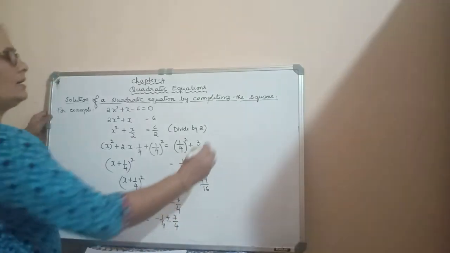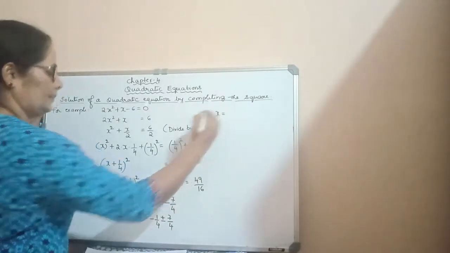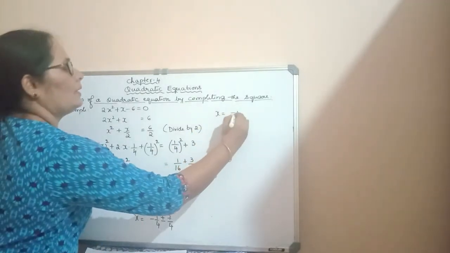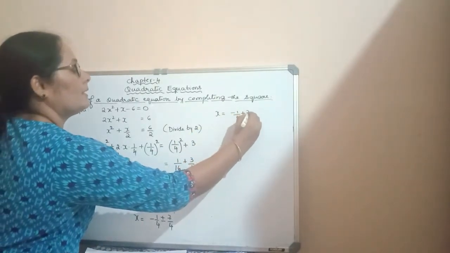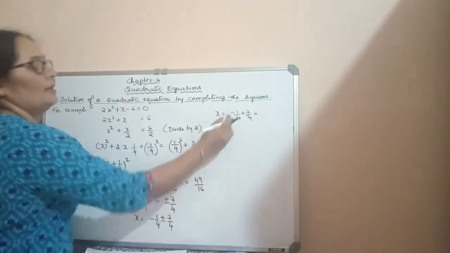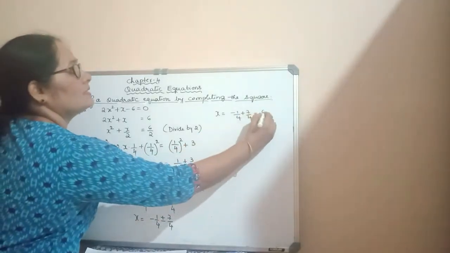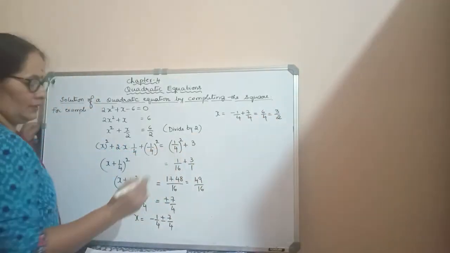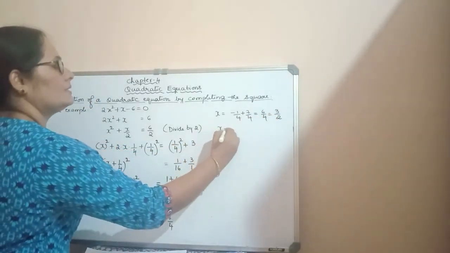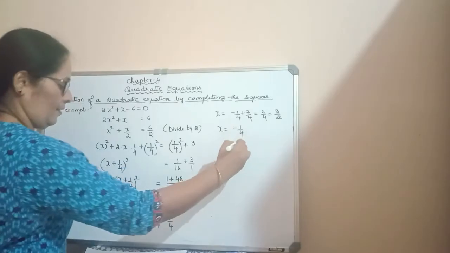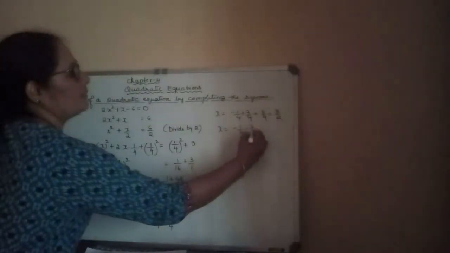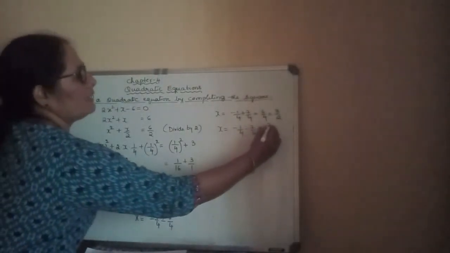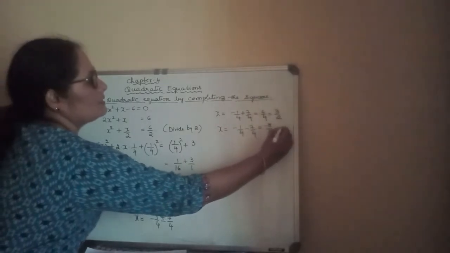It means x equals minus 1 by 4 plus 7 by 4, that is minus 1 plus 7 is 6 by 4, which is 3 by 2. Then one more value is x equals minus 1 by 4 minus 7 by 4, which is minus 8 by 4, which is minus 2.